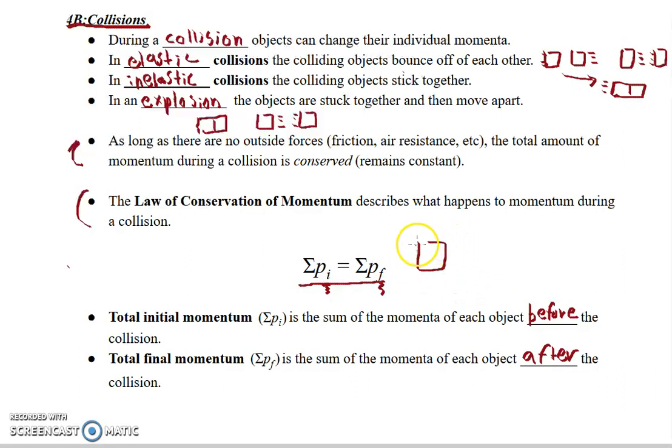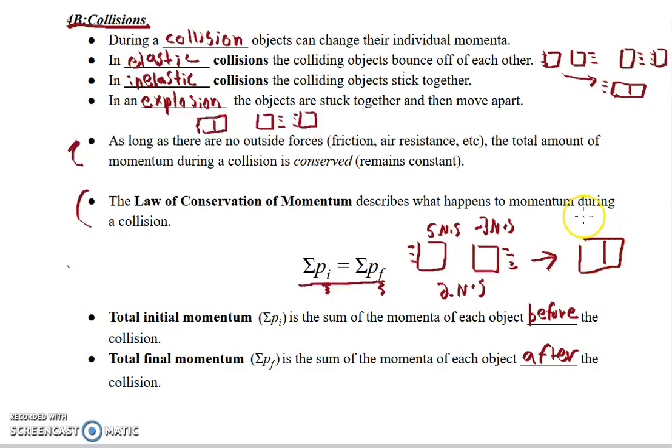So just real quick, let's say you had two objects ran into each other. One had a momentum of 5 Newton seconds. One had a momentum of -3 Newton seconds for a total of, just add them together, total of 2 Newton seconds. Right? If you were to look at what would happen after the collision, let's say they stuck together, the total momentum of them together wouldn't change. It would stay constant, assuming there's no friction, air resistance. So that's what it's saying.